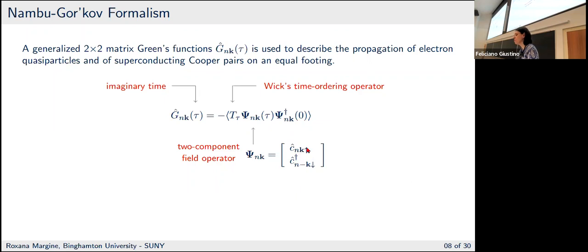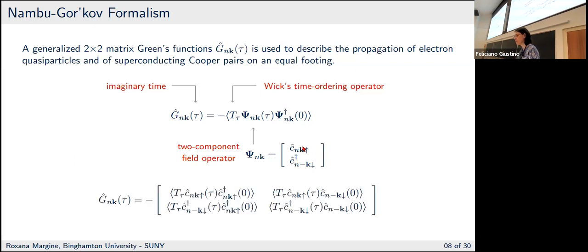The one thing that you should notice here is that this has momentum k, and this has momentum minus k and opposite spins. This will allow us to form Cooper pairs with electrons of opposite momentum and spins. If you now plug in this field operator in the expression for the 2x2 matrix Green function, you can write it in a matrix form.